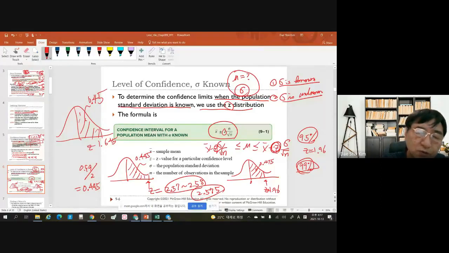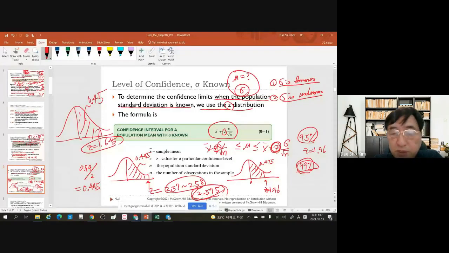You don't need to memorize all these numbers; you can look them up in the normal distribution table. But 1.96 is widely used, so it's better to remember.